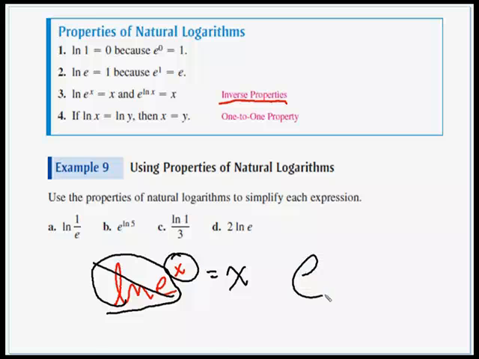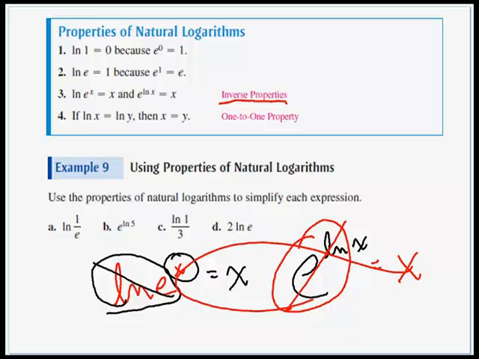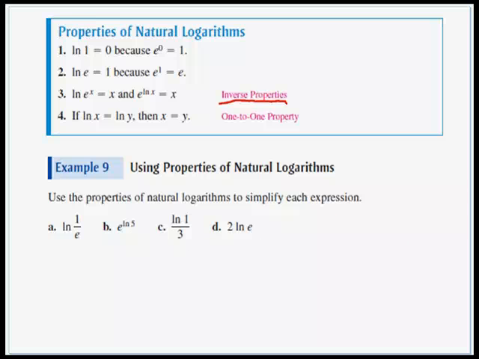And if we have e raised to the power ln of x, they are inverse properties, so e and the natural log are going to cancel, and we're just left with x. And of course, we do have a one-to-one property there for number 4. The ln of x is equal to the ln of y, so x equals y. One-to-one property.